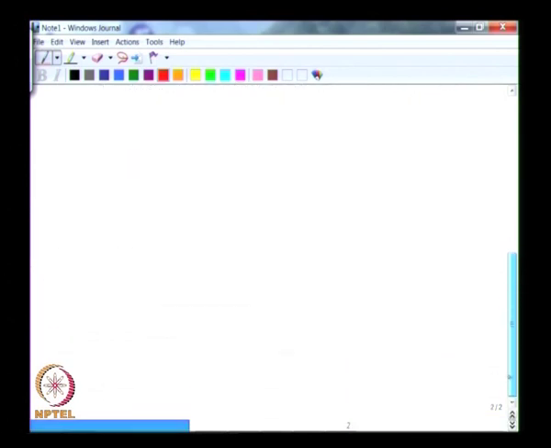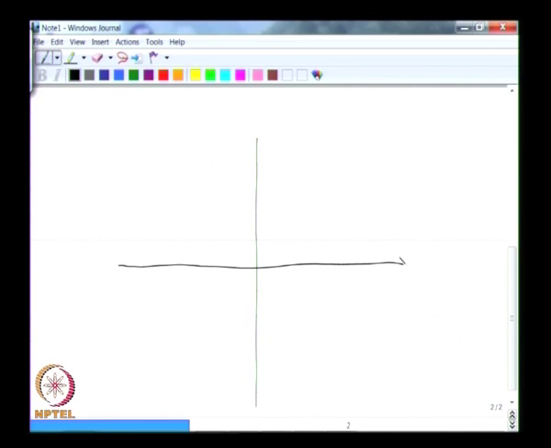Let us do this diagram on a bigger page. So, here you have the D axis and then the Q axis, and we draw the phasor diagram.